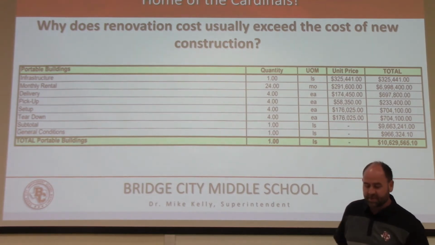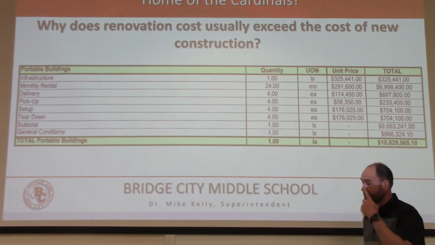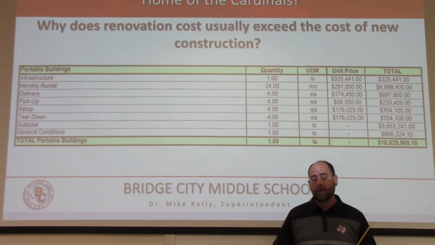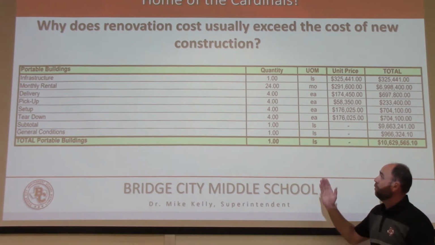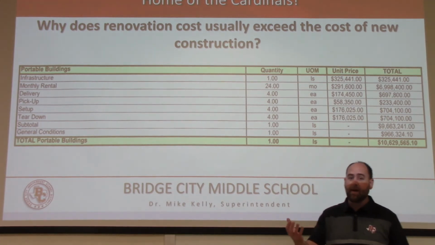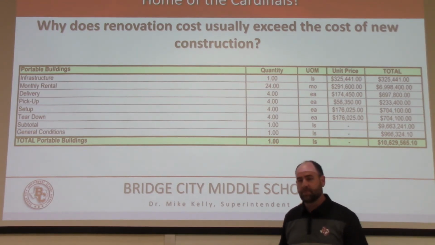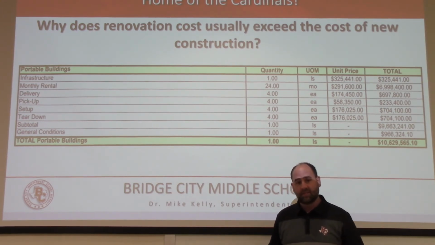So to get students out of that building for 2 years and get them into 30 portable buildings, which, by the way, I'm working extremely hard to get rid of 2 portable buildings right now. Adding 30 to that doesn't make a whole lot of sense. Portable buildings that we're going to have for 2 years bring up safety and security issues because students are in and out all day long, and they are not the best place to educate students.